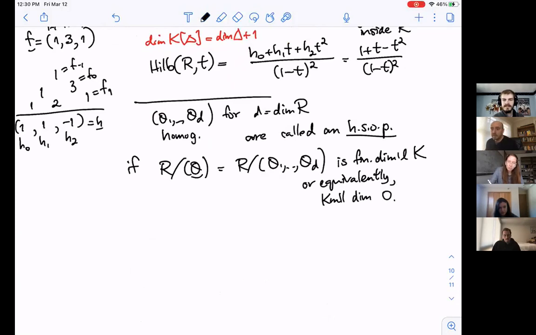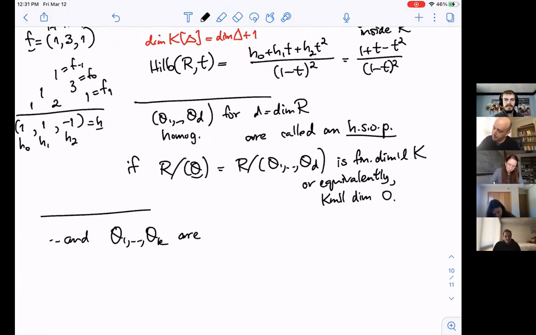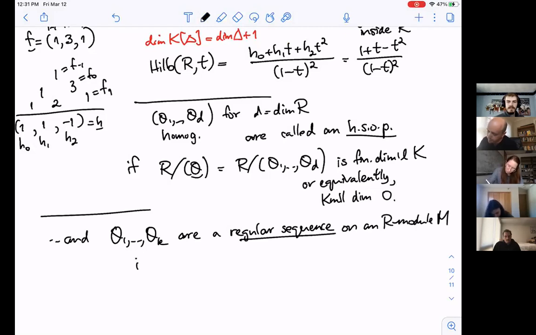And the one that we were talking about last time was regular sequence. So we said theta 1 up to theta k are a regular sequence on an R module M if theta 1 is a non-zero divisor (an NZD) on M. Theta 2 is a non-zero divisor on M mod theta 1.